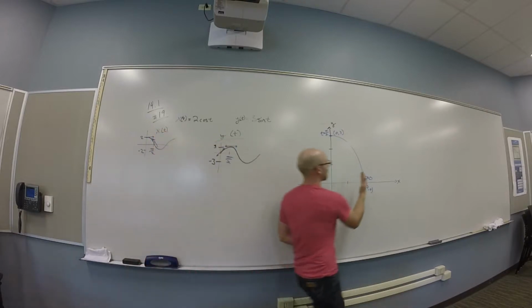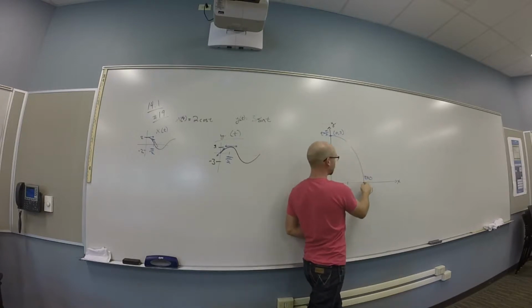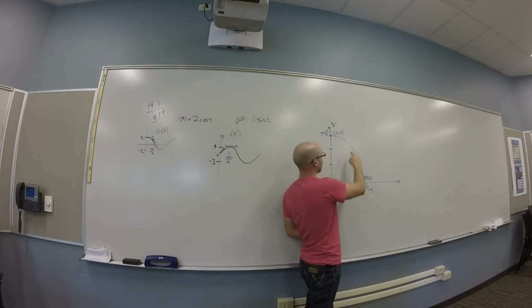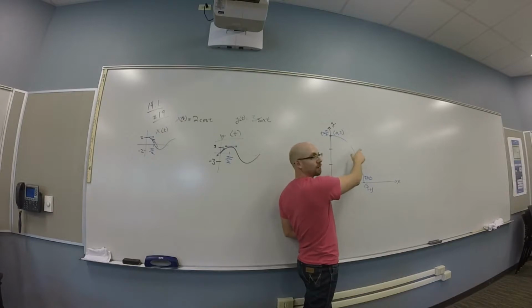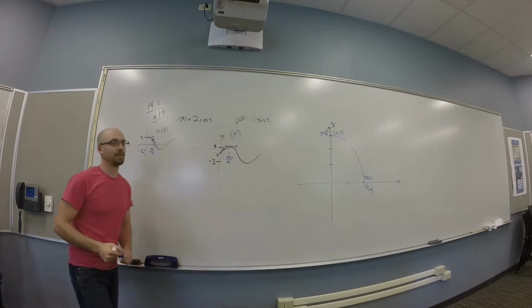So, like here at the beginning, if I'm thinking about how fast stuff is changing, the y's going up really fast, but the x isn't changing very quick. When I get to here, they're both about the same. And when I get to here, y is really slow, but x is really scooting along.